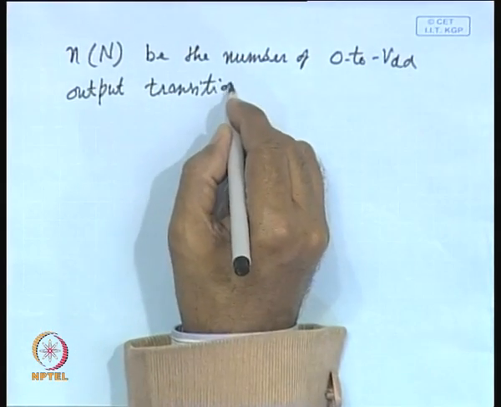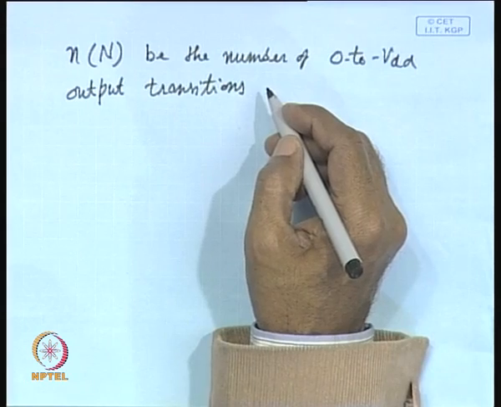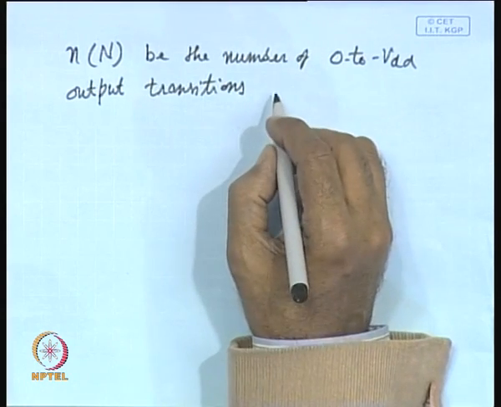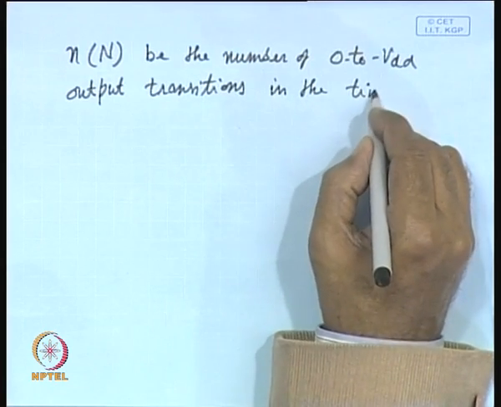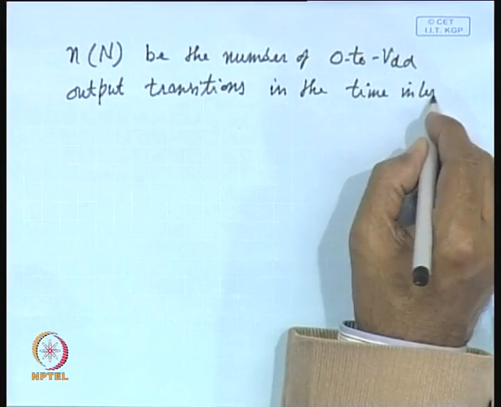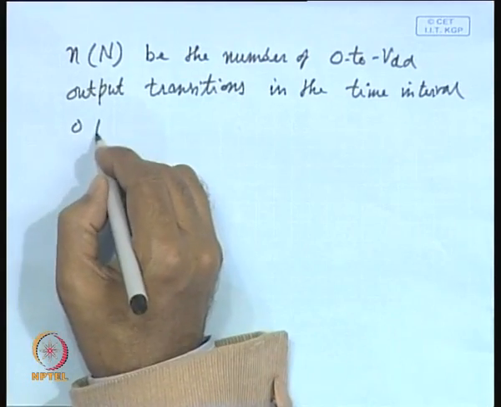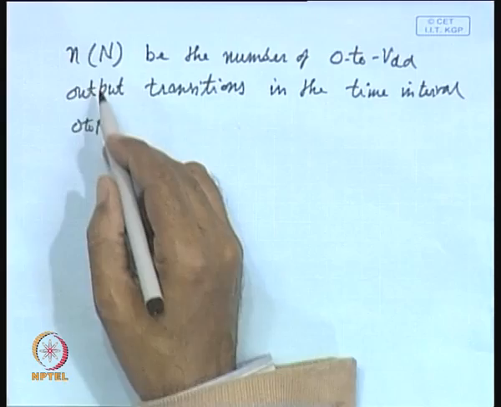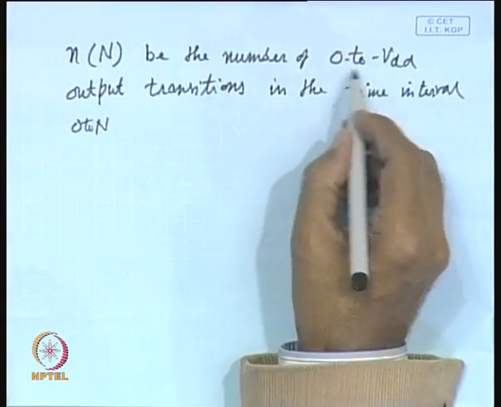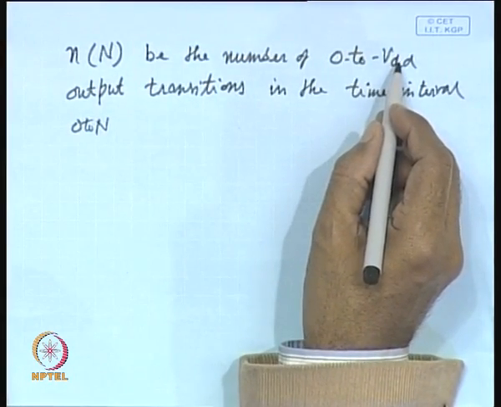These are the number of output transitions that will occur in a circuit in the time interval 0 to n. That means, out of n possible transitions, Nn is the number of transitions occurring from 0 to VDD.